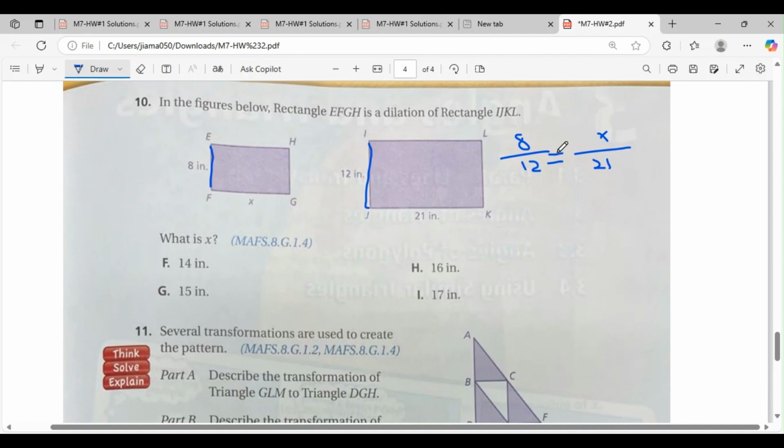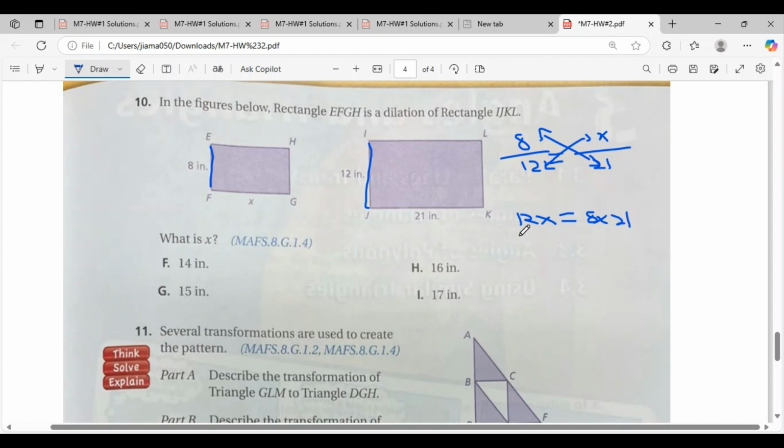Okay, so if you want to know the value of X, you should do this, which means let 12x equal 8 times 21.